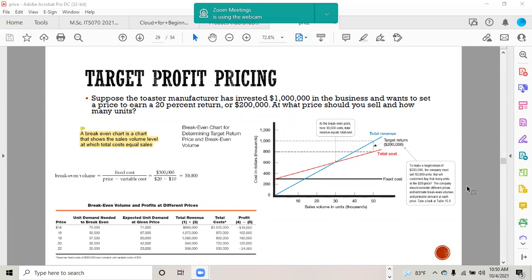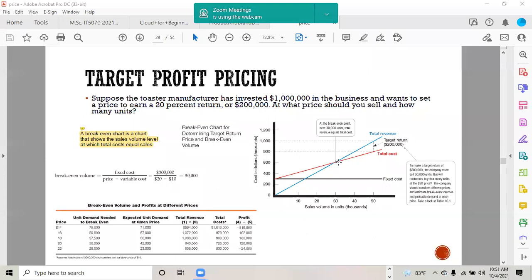Okay. So you might remember last time we talked about this and many other things. One of the concepts we talked about is target profit pricing, and the break-even chart, and the point where the total revenue crosses the total cost.